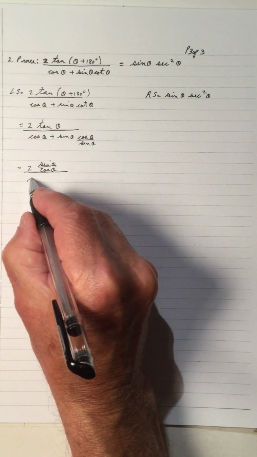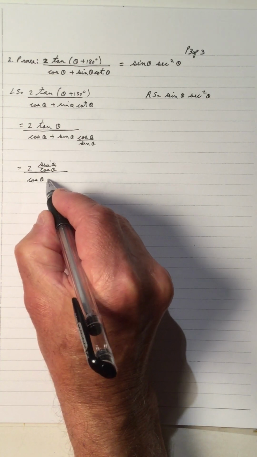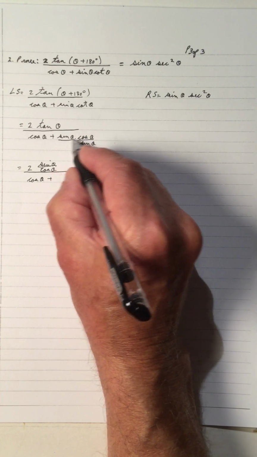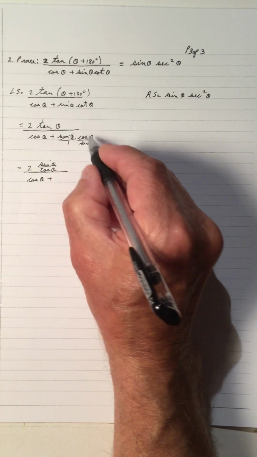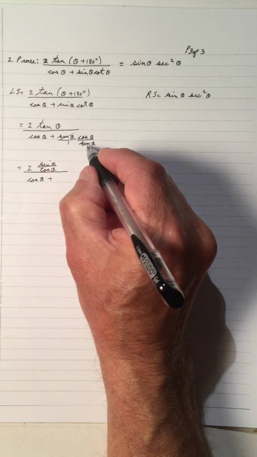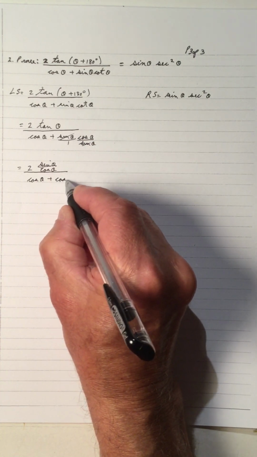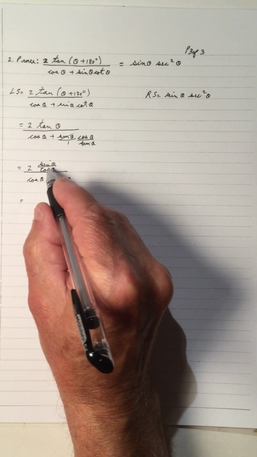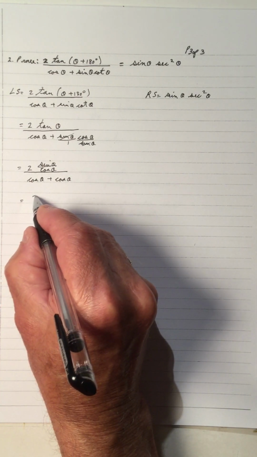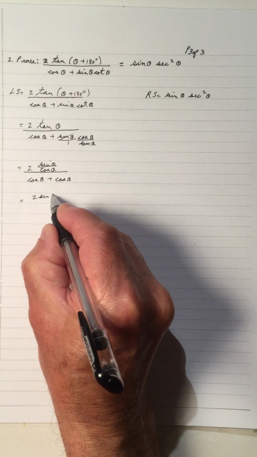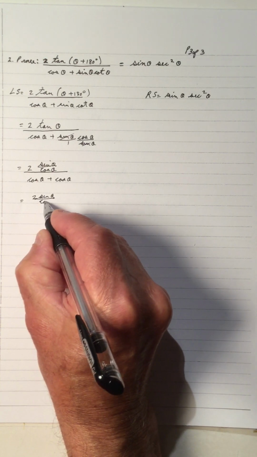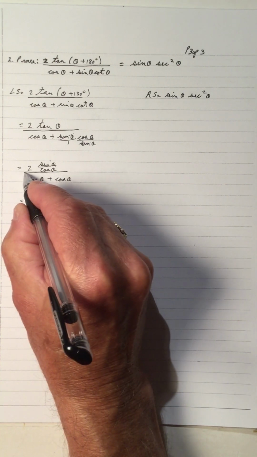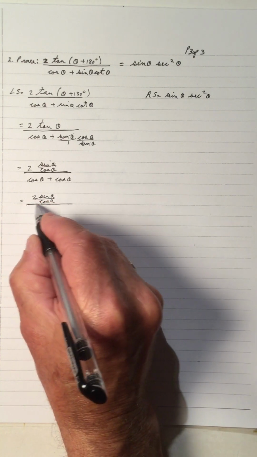Now we still have tan theta, so we change tan to sine theta over cos theta. And we have a product here, but this is sine over 1, so we can cancel the sine theta, and we get a cos theta. And this is 2 sine theta over cos theta, and this is the division line right here.